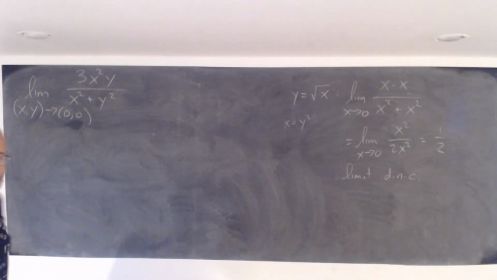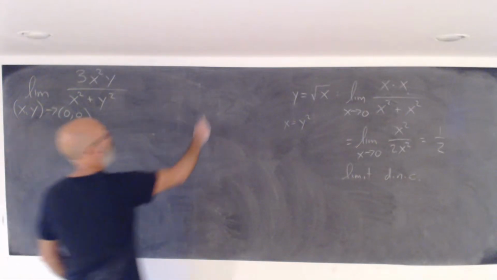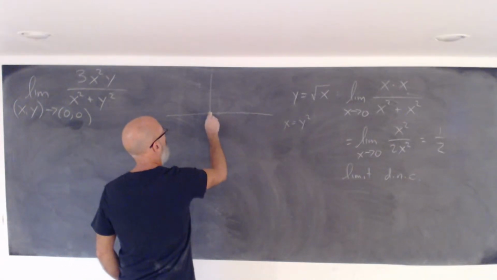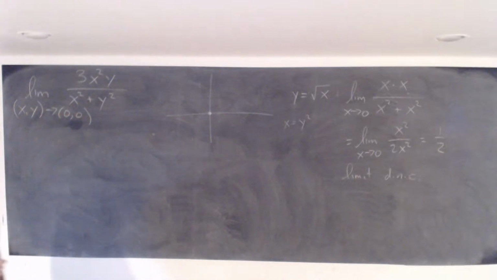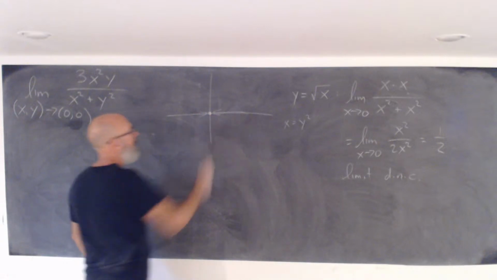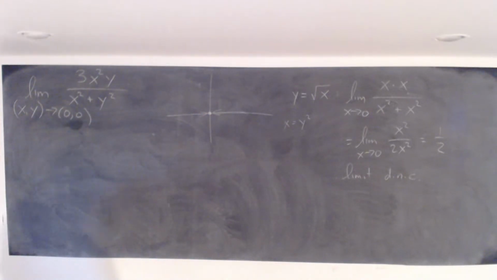All right, consider this. Again, we're looking at the behavior for values close to 0. Let's try on the x-axis. If y is 0, what limit are we looking at?